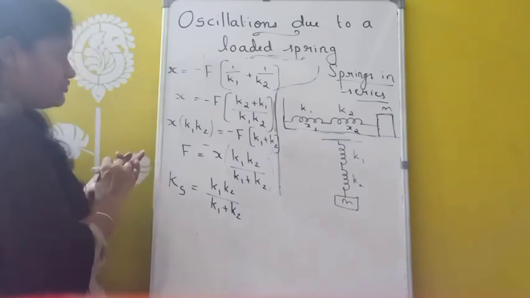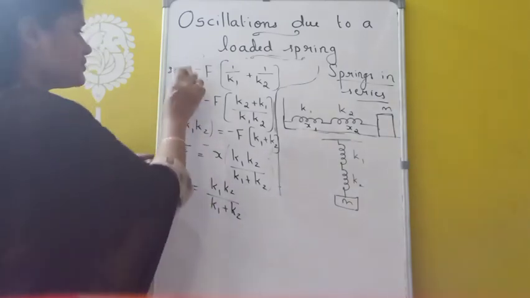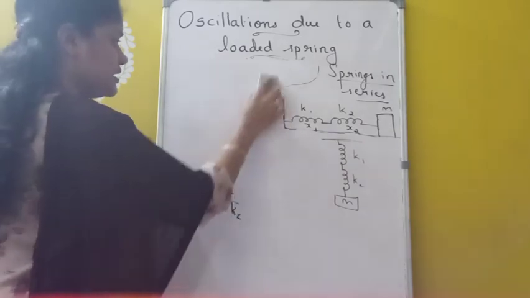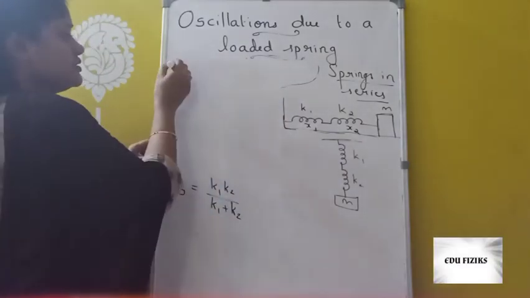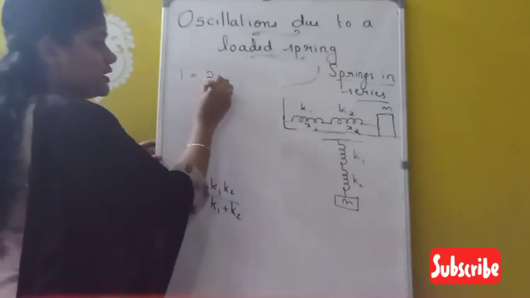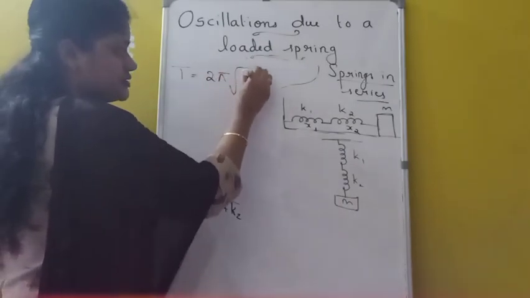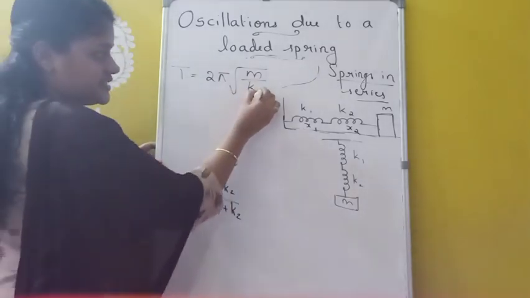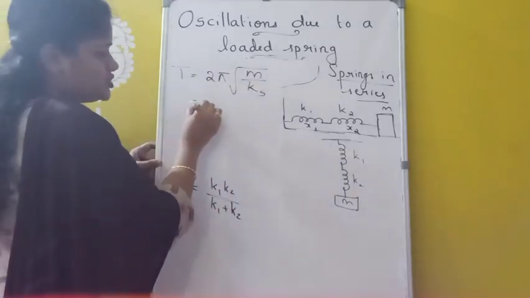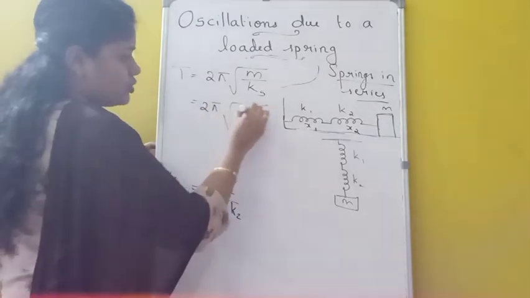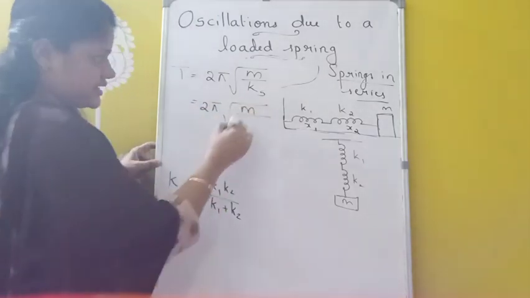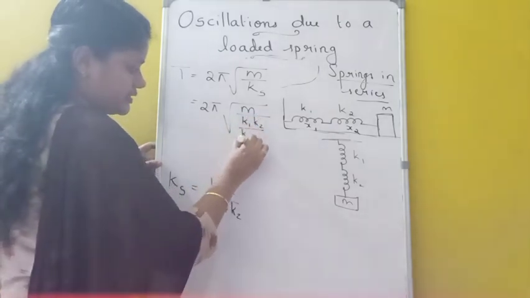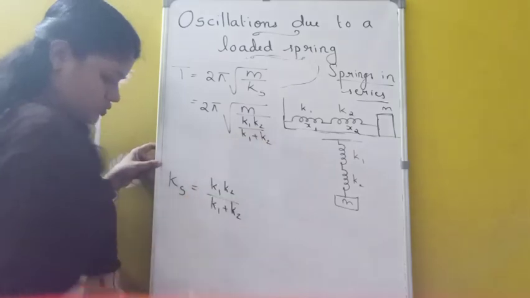Now we can find the time period of oscillation, T. We have the formula T equals 2 pi into root of m by k. This is the normal formula, but here, for series combination, we write Ks. That means 2 pi into root of m by K1 K2 divided by K1 plus K2.